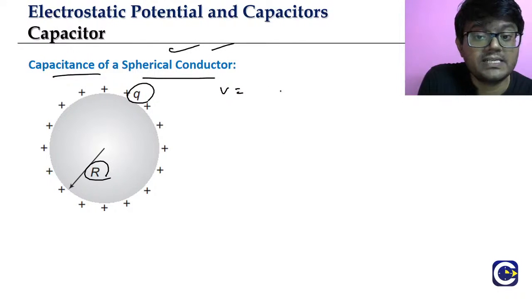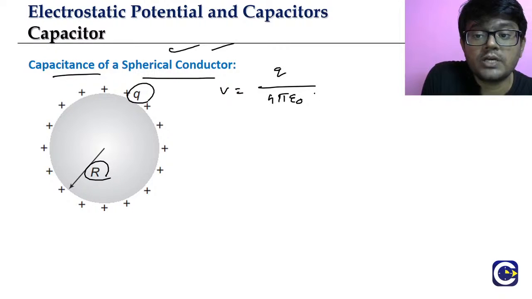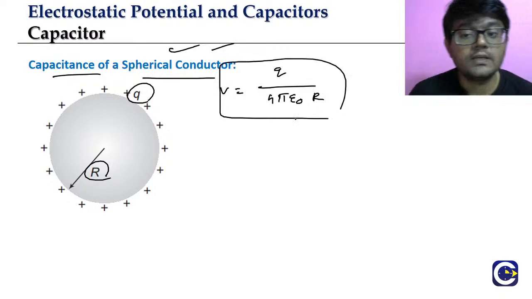The potential on the surface of the spherical conductor is q divided by 4 pi epsilon naught into r. If you give a charge q to the spherical conductor, this is the potential.